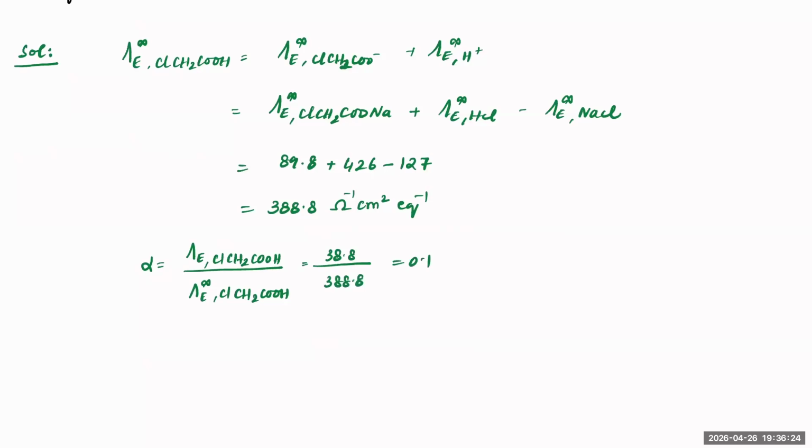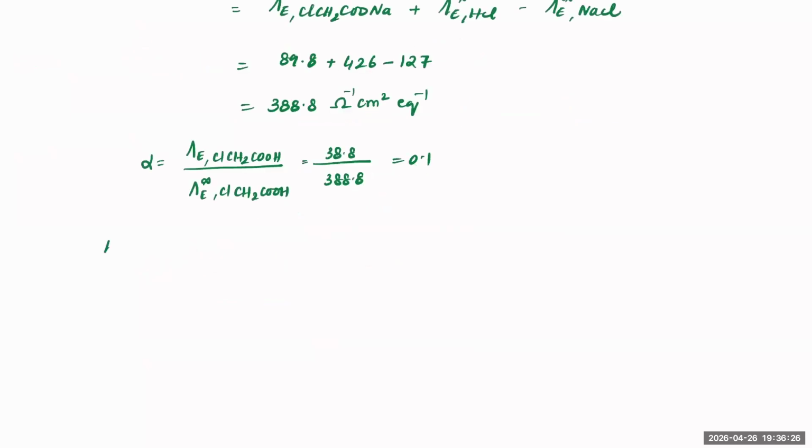So if this is the alpha value, then what about the equilibrium constant K? K is equal to C alpha square by 1 minus alpha, which is 0.1 into 0.1 square by 1 minus 0.1. So 10 raised to power of minus 3 by 0.9.